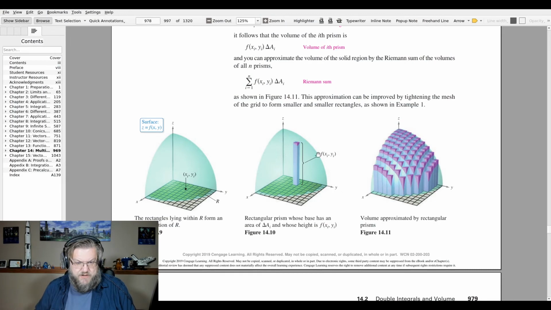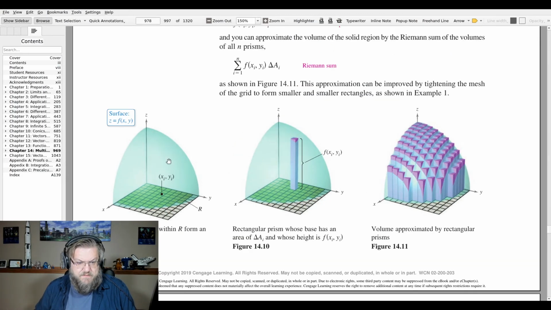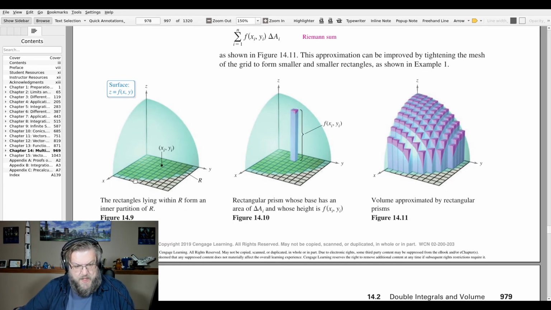Yeah, so take a look. Here's the grid I was talking about. Chopped it up into the grid like this. And now I take a representative from each one of those cells. They call the one representative xi, yi. Then plug that into the surface to get a height.